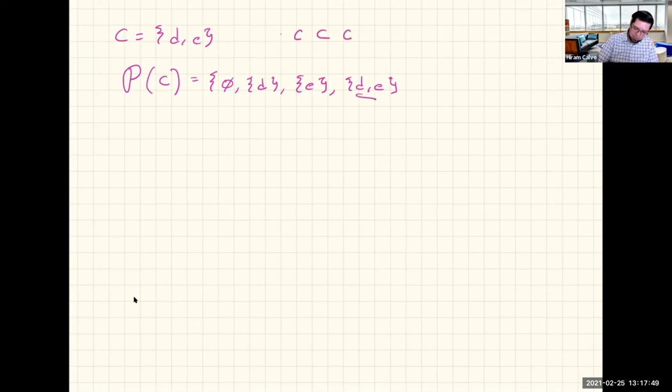And that's all. There are no more subsets possible from the original set. Then the power set of C is this one here.